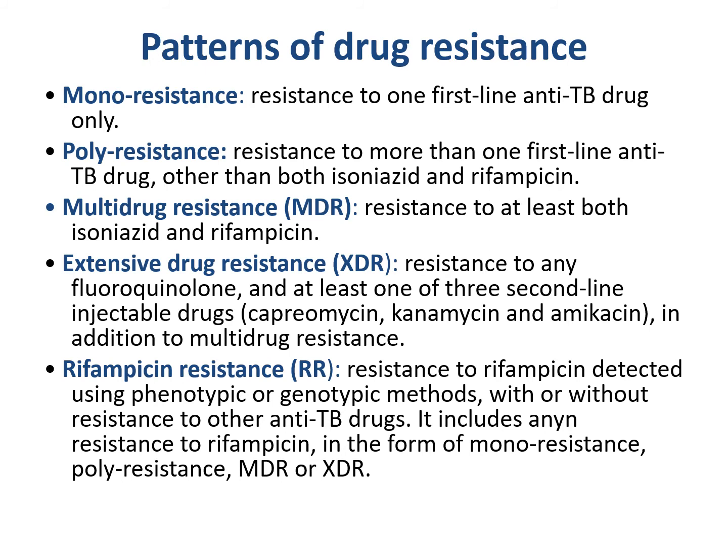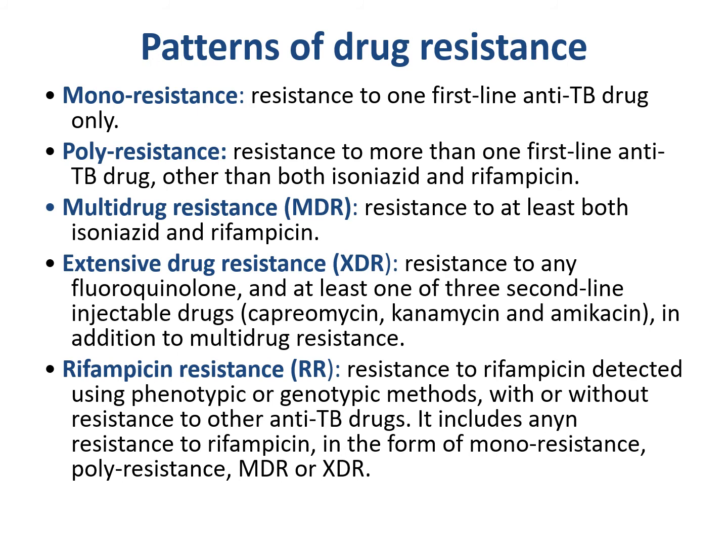Multidrug-resistant, MDR-TB, is resistant to at least both isoniazid and rifampicin. Extensive drug resistance, XDR, is resistance to any fluoroquinolone and at least one of the second-line injectable drugs, capreomycin, kanamycin, and amikacin, in addition to multidrug resistance.